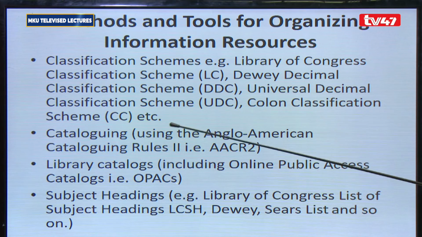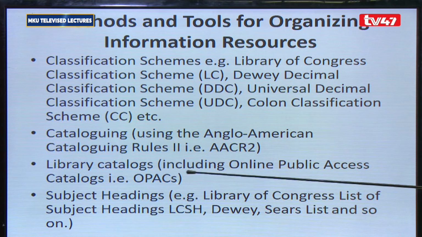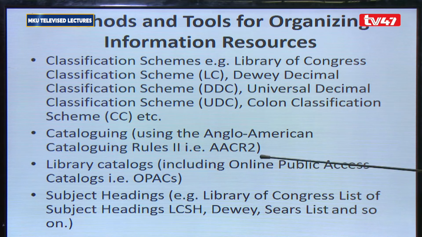Now, another thing is cataloging. For cataloging, we use the Anglo-American Cataloguing Rules, second edition, revised, which is known as AACR2. Then we have library catalogs, including online public access catalogs. I'll talk about this later.